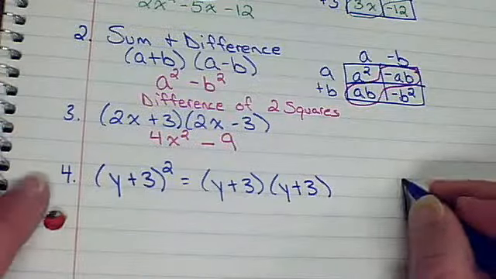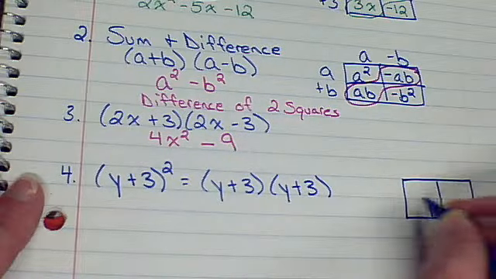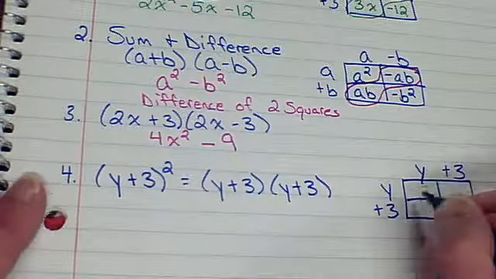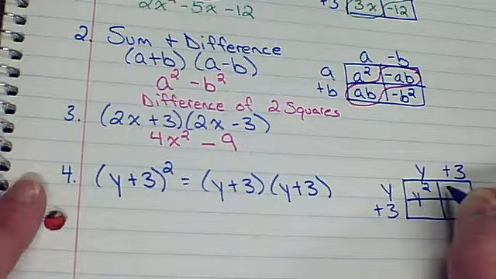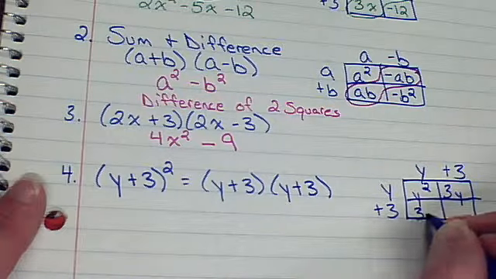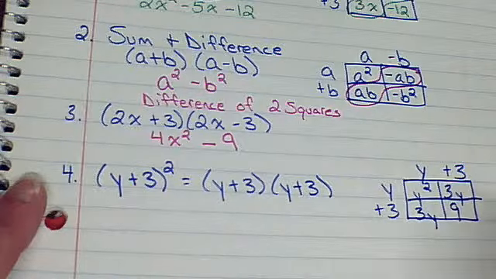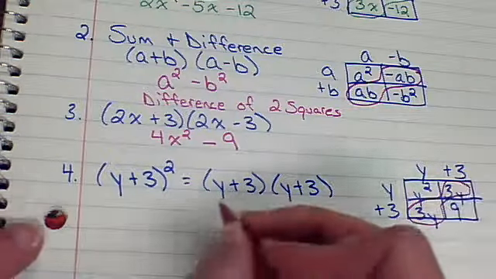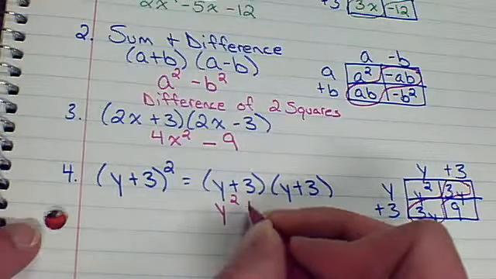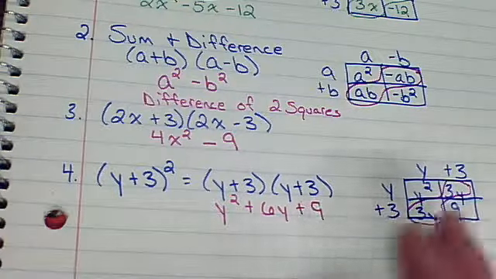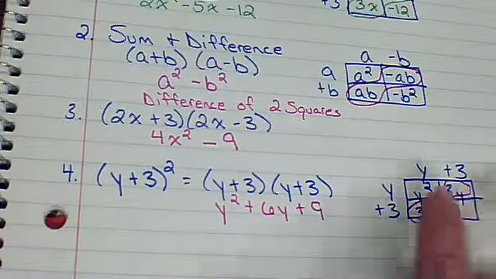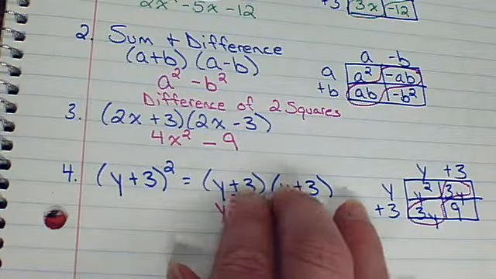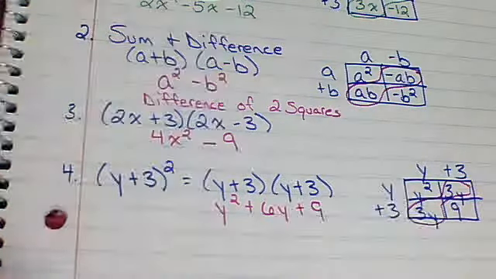So when I go to multiply them together, I'd have y plus 3 and y plus 3, y squared, 3y, and 9. My like terms are here, and I ended up with y squared plus 6y plus 9. Now some of these easier ones, you may not have to go through all this, because when you distribute, you know you're going to have 3y plus 3y gives you 6y.